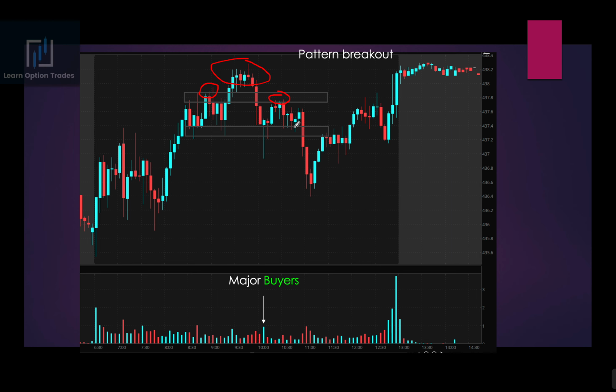Got your zones made, whatever. Guys, look at the area where you would potentially be taking your puts. You can see that the buyer volume is so weak. There are no buyers. Just like this candle right here, where there were so many buyers, there are no buyers right here. There's none.